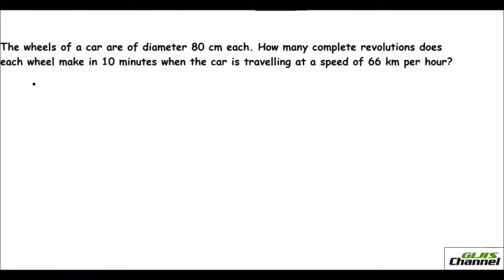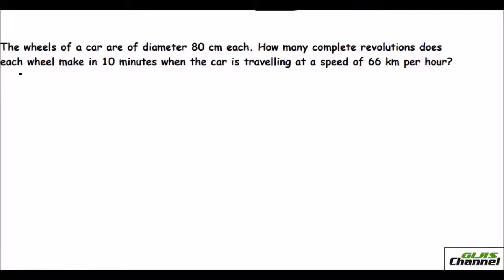Let us do the second problem. This you have to go in detail, okay? You have to read the question once or twice till you understand what is being asked here. The wheels of a cart are of diameter 80 centimeters. How many complete revolutions does each wheel make?